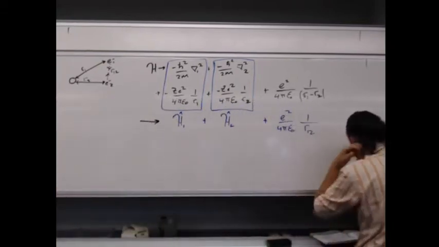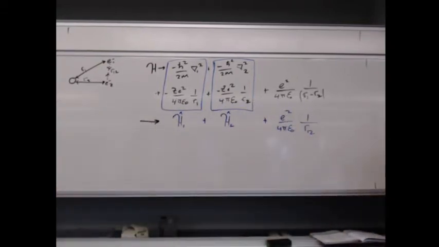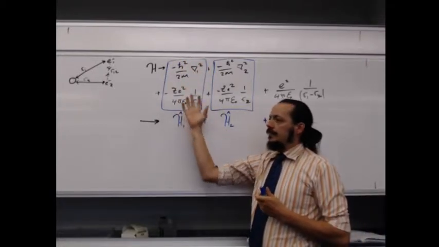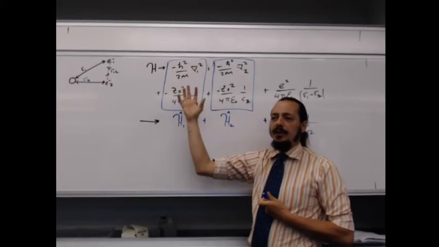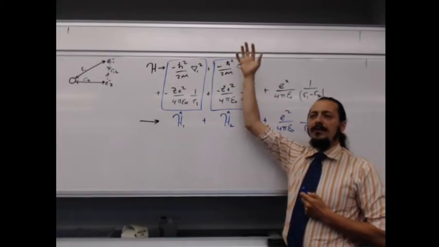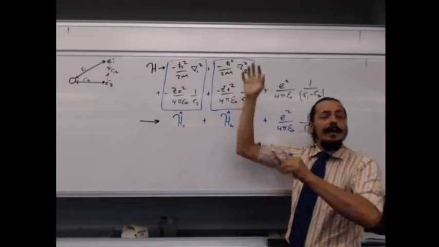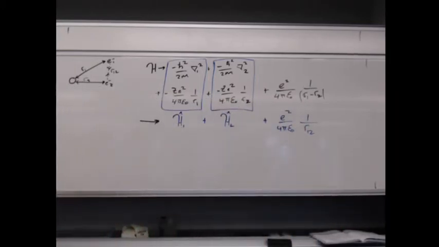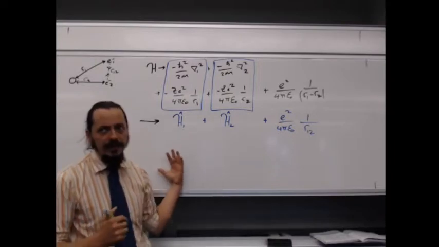And the trick we've always used in the past is we've always said, I can take this part in terms of R1 theta 1 phi 1, and this part R2 theta 2 phi 2, and I can treat them separately. Separation of variables. We did that on the first day of class kind of quickly when we were splitting out time. We did that again when we were doing the multi-dimensional particle in a box, 2D particle in a box, or 3D particle in a box. We saw separation of variables again there.